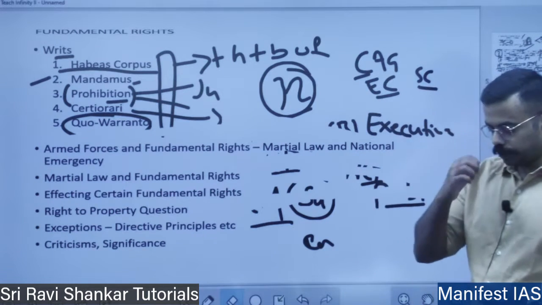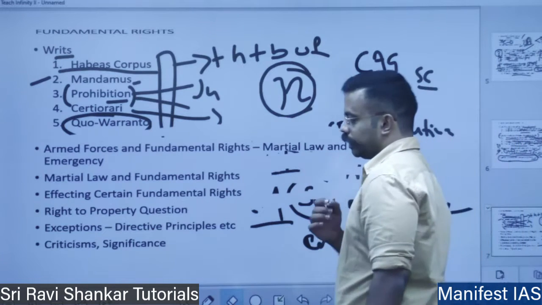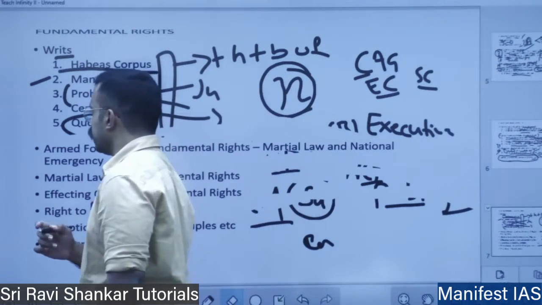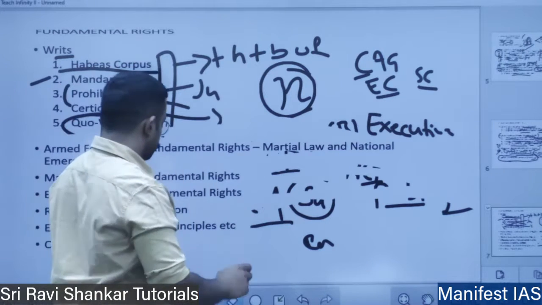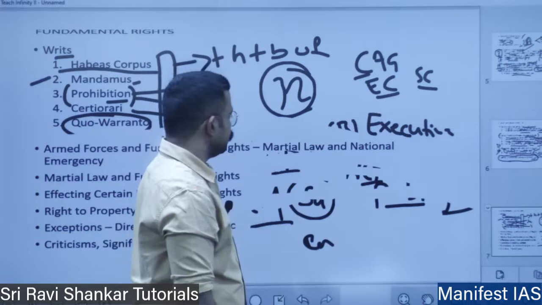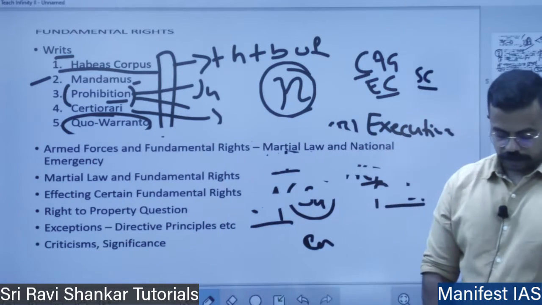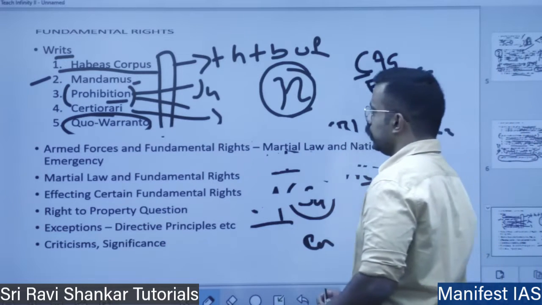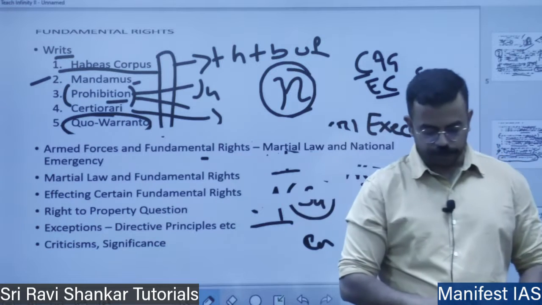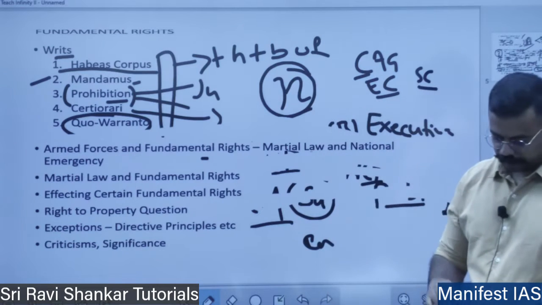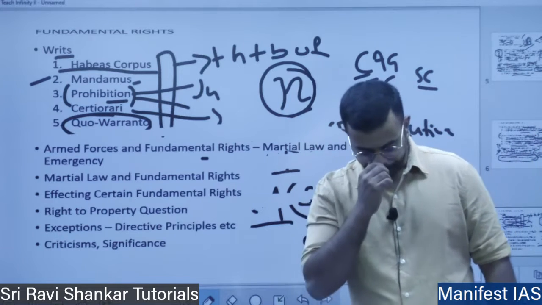Even the state police force is an armed force. So are the fundamental rights which we discussed till now equally applicable to all these armed forces? No. So armed forces have certain restrictions. All the fundamental rights are not applicable to them. It is being prohibited by certain acts. Navy Act is there, Air Force Act is there, and Army Act is there. Like State Police Act is also there.